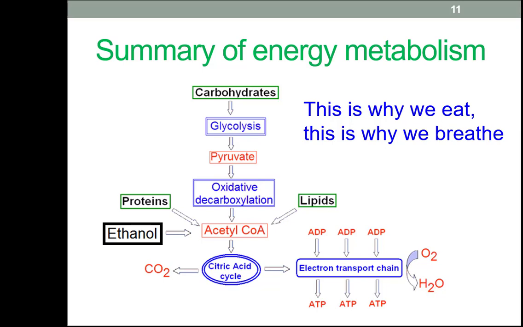Briefly, we get energy from food to regenerate the molecule adenosine triphosphate from adenosine diphosphate. You'll notice that all of the macromolecules, carbohydrates, proteins, lipids, and ethanol, which is not a macromolecule obviously, are converted to the molecule acetyl coenzyme A. Before this happens, there are a number of processes we need to talk about, which we'll have a look at in a second in some cases.